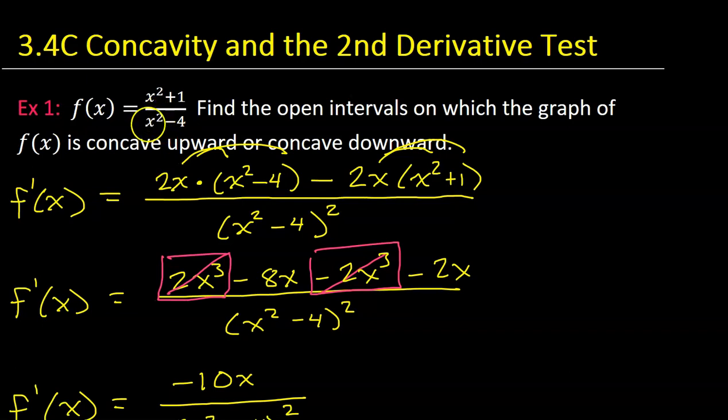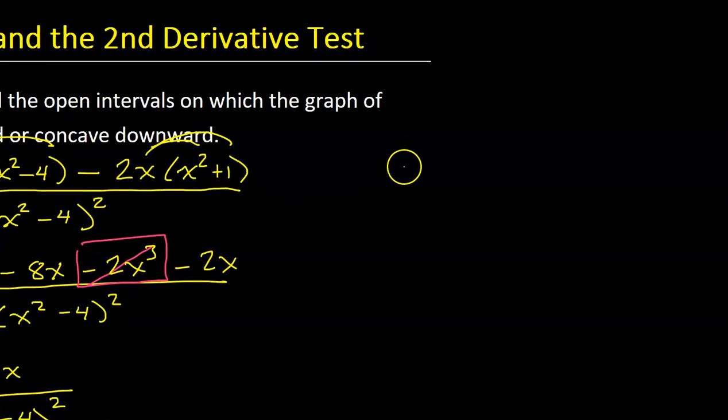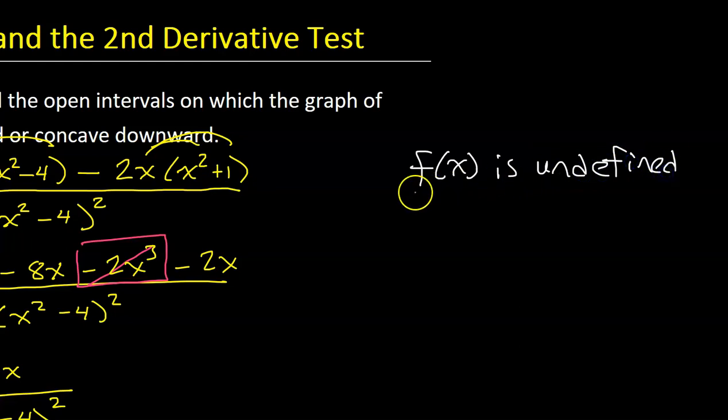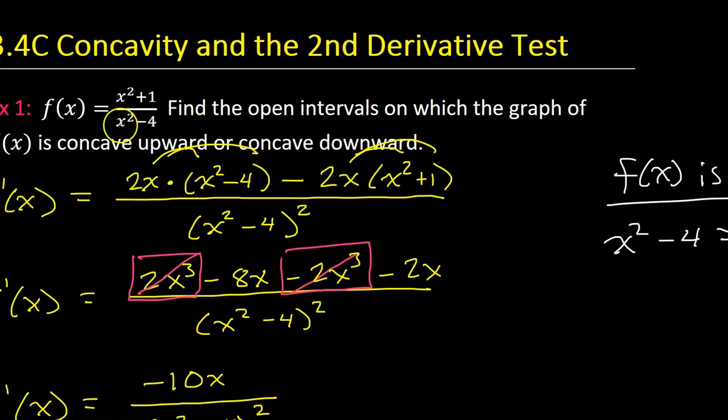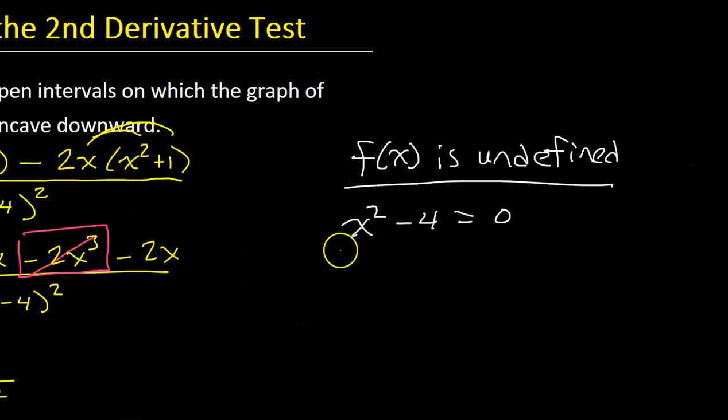You can't divide by 0. So f of x is undefined where x squared minus 4 is equal to 0, because that would cause the denominator to equal 0.